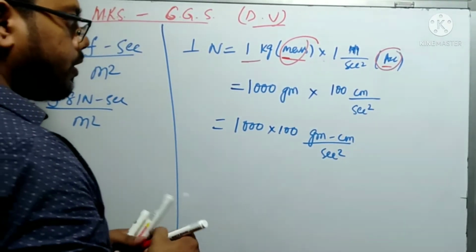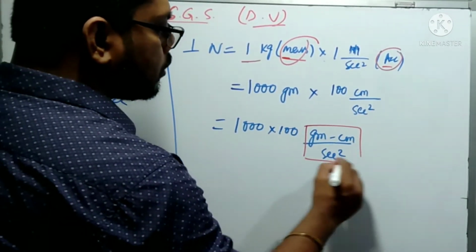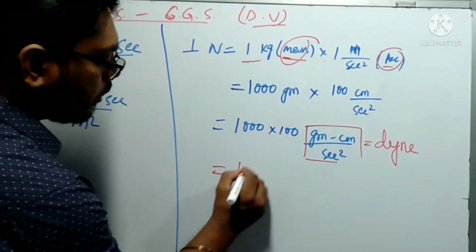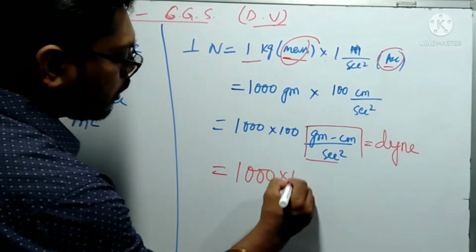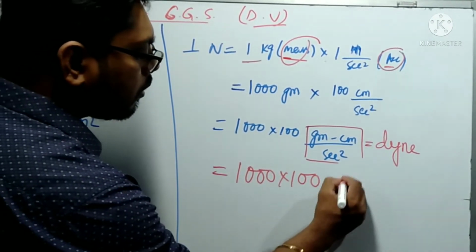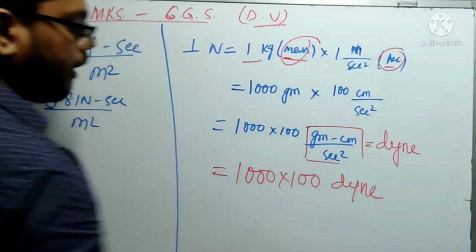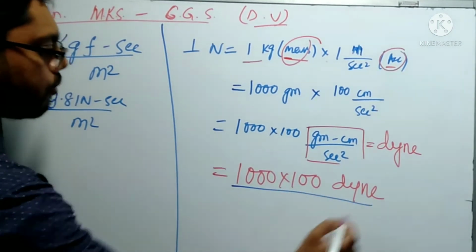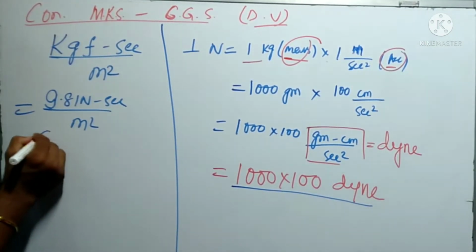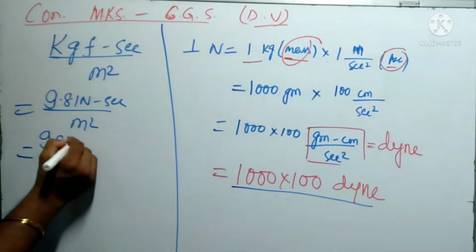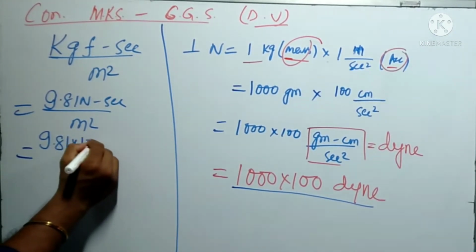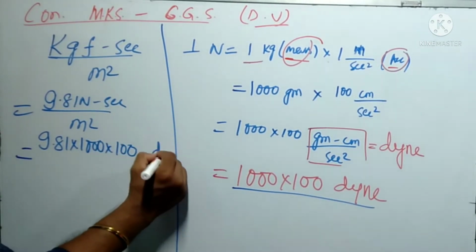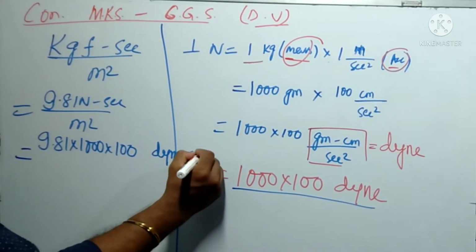This gram centimeter per second square is known as dyne. So we can write ultimately 1000 into 100 dyne. Now come to this one. By putting this 1000 into 100 dyne, instead of Newton we can write 9.81 into 1000 into 100 dyne second.